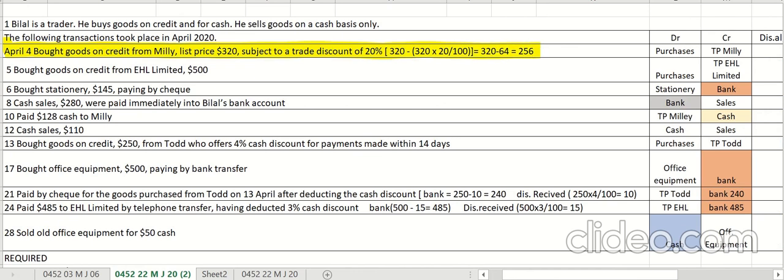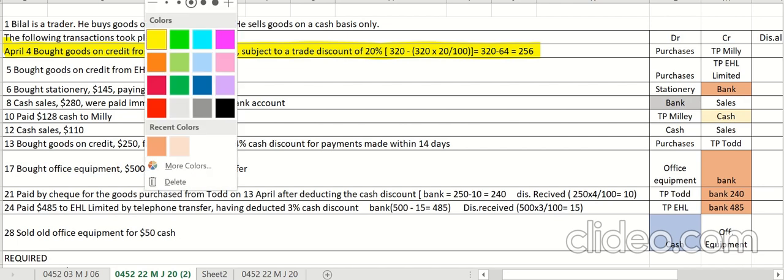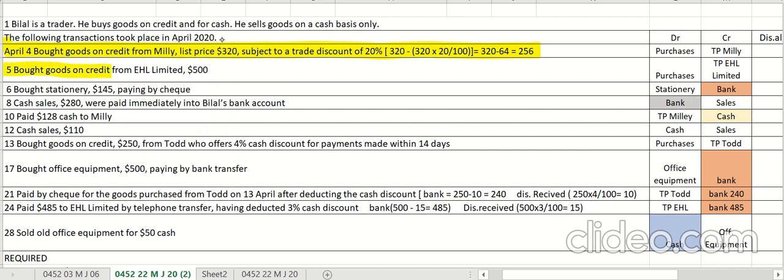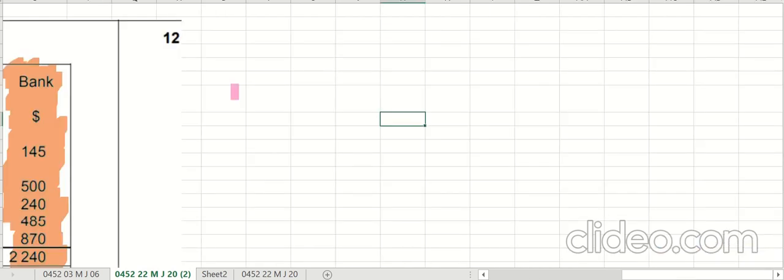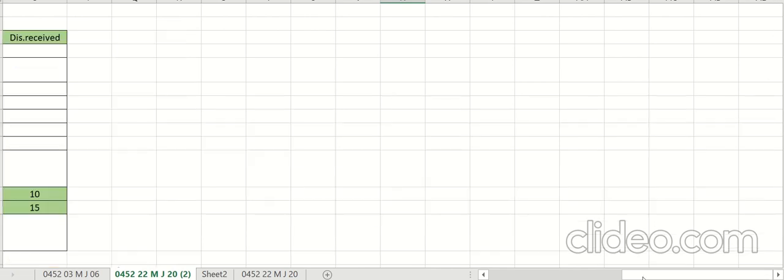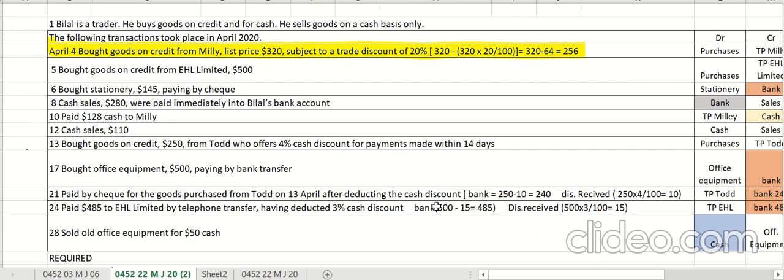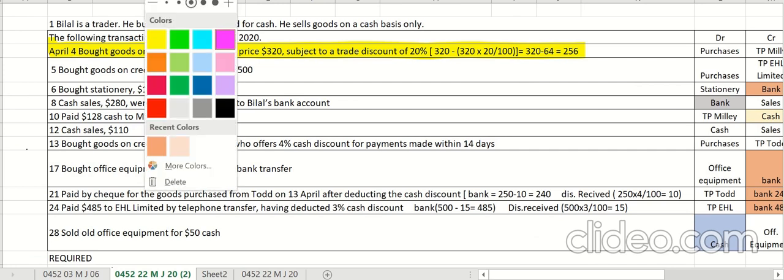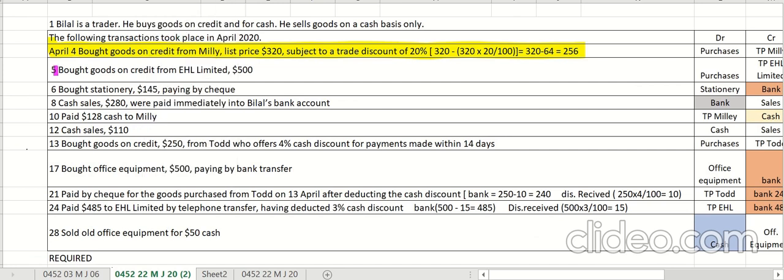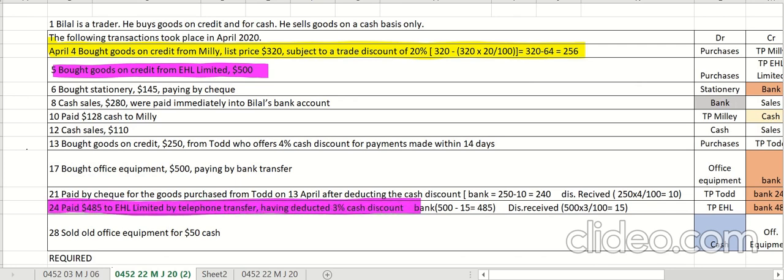As we can see, the first one, Millie, is related to, let's check whether we have any related transactions. Okay, while we are reading, we'll go through it. Let me give another color coding for the one on 5th. And for EHL, yes, there is another transaction which is related to.